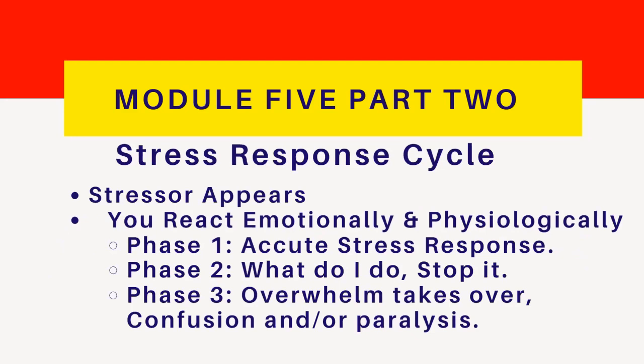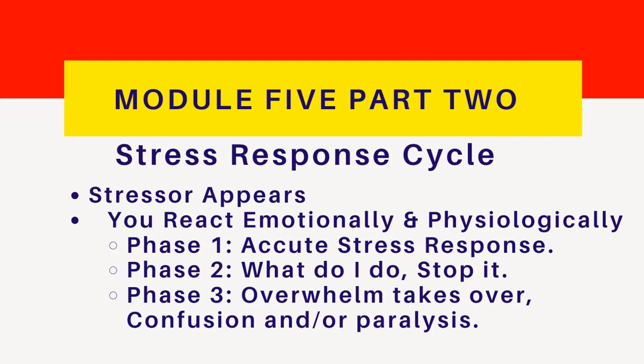You talked about in part 1 the stress response cycle. You react emotionally and physiologically to all stresses that hit our lives. We can go right to an acute stress response. We can go right to phase 2, or we can end up in phase 2 after we manage phase 1 and get that acute stress response tamped down.